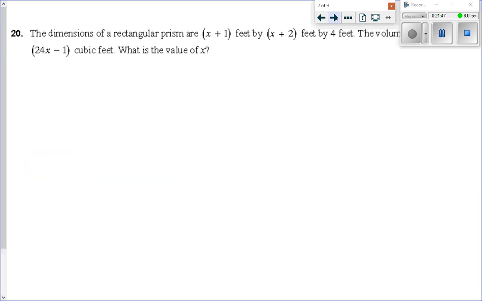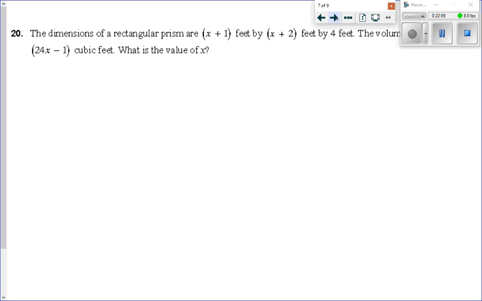Let's do number 20 and take a look and see if we can figure out what that is. So, we've got the dimensions of a rectangular prism, which are x plus 1 feet by x plus 2 feet by 4 feet.